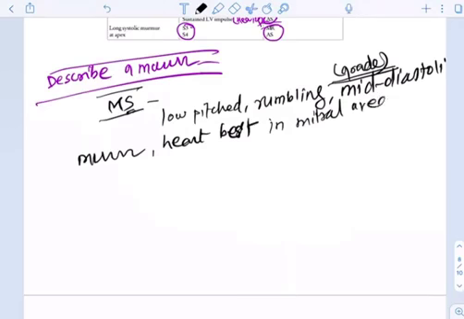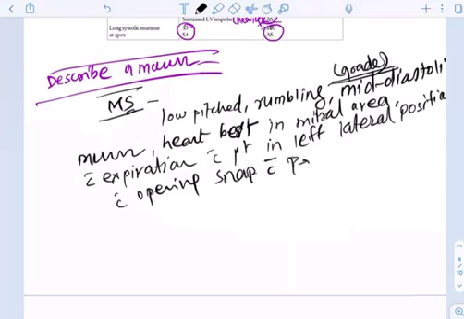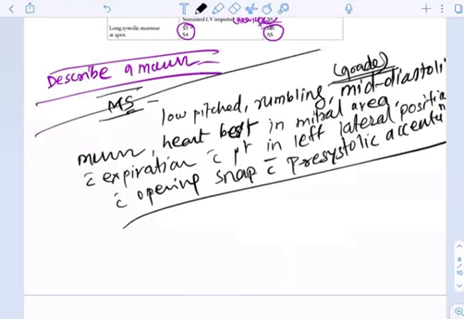Heard best in the mitral area, with expiration, with patient in the left lateral position, and we will take the accompanying features also, with opening snap, with pre-systolic accentuation. So this is how the murmur of MS will be explained.